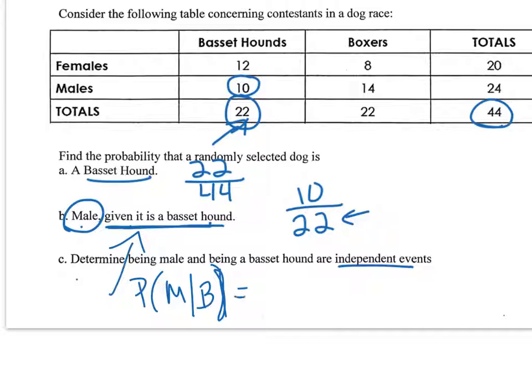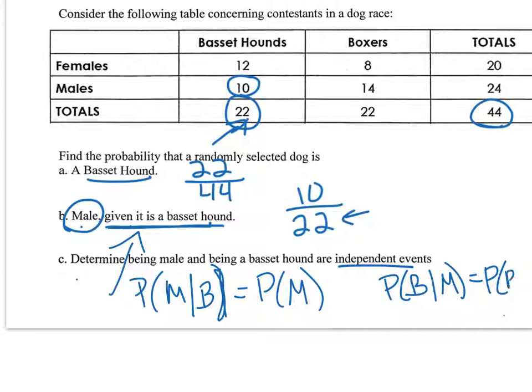That should be equal to the probability of it being a male. And if that works, then we have to do it the other way. The probability of being a basset hound, given that he's male, is equal to the probability of being a basset hound. However, if I figure out this one and they're not independent, then I don't have to do the second one.